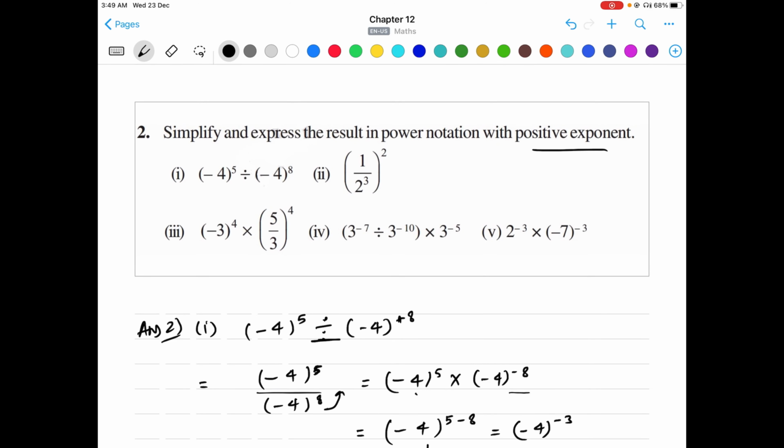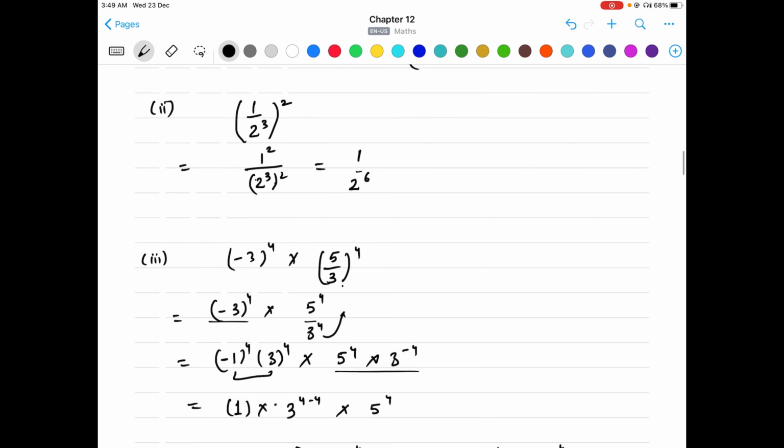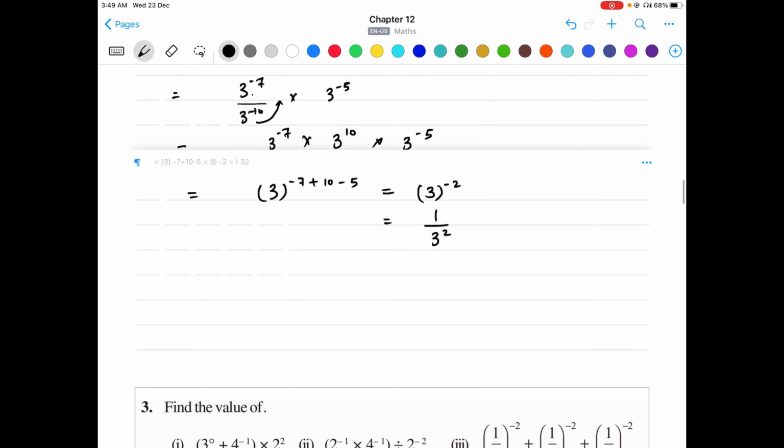Now the last part of this question is 2 power minus 3 into 7 power minus 3. We have part 5, which is 2 power minus 3 into minus 7 power minus 3.